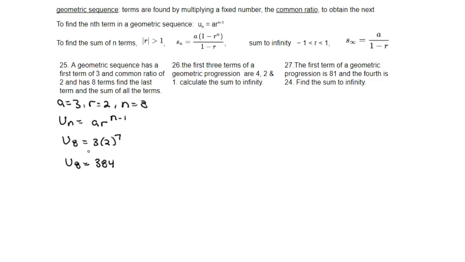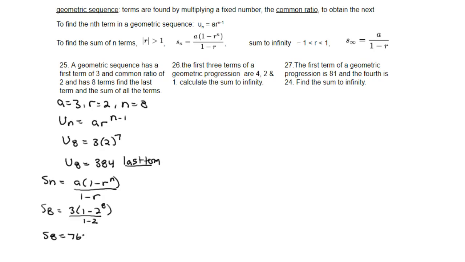And I find out that the 8th term is 384. That's the last term. Now to find the sum, I use the formula and fill in the information that I know. And all I've got to do is sub it in and then simplify. And I find out the sum is 765.